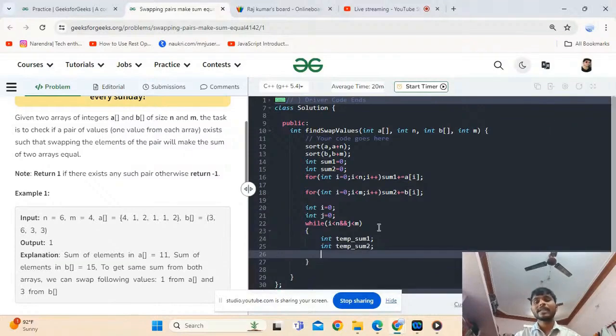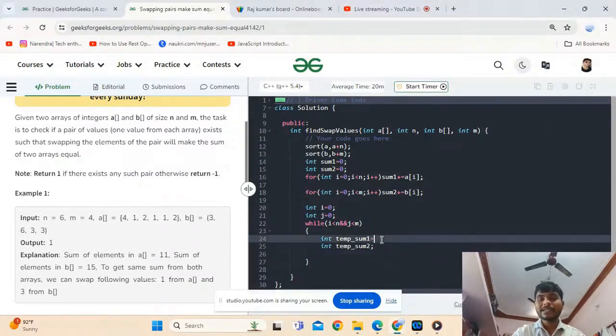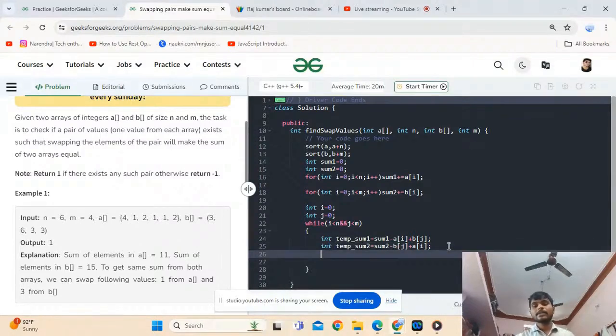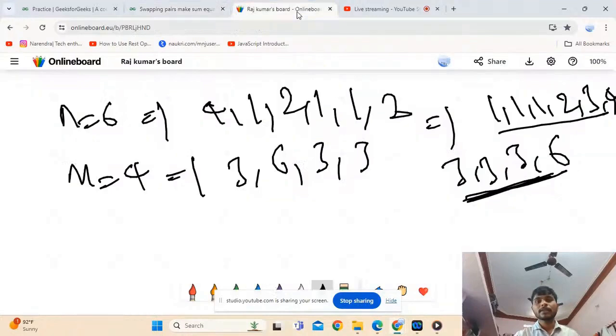Now guys, observe this: I have to subtract one number from array 1. I have to take one number, b of j, right? I will explain this entire logic once. And here what we have to do, b of j plus a of I.